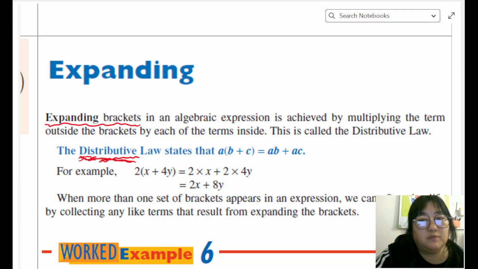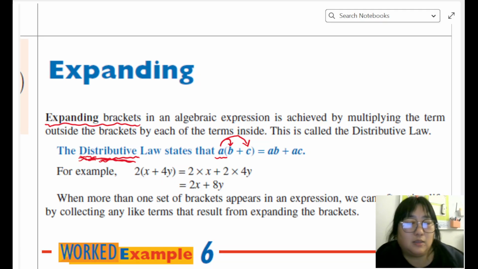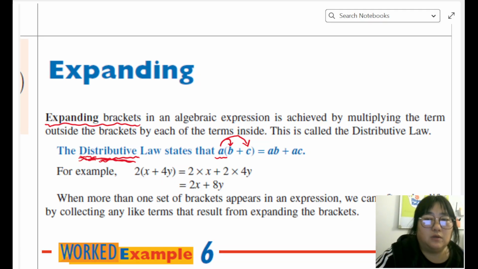So the distributive law means the term outside the bracket, the term A, I have to share to everyone in the bracket. That's why you get A times B, because there's no symbol in front of the bracket, which means A times the whole bracket.